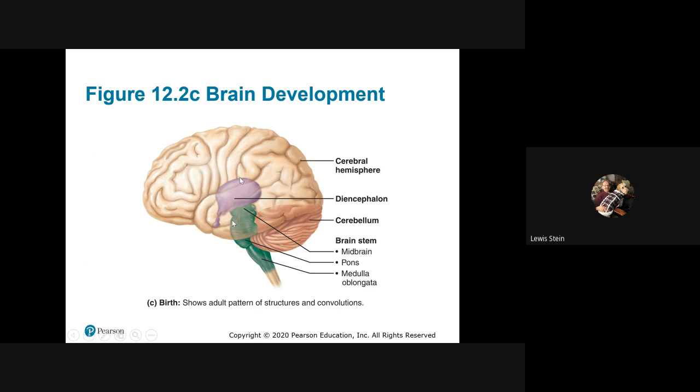80% of your brain is the cerebral lobes, including the cerebral cortices. And then maybe another 10% back here is the cerebellum, which sits behind the brainstem and is even covered to some extent by the cerebral lobes. And everything else, the diencephalon, the midbrain, the pons, the medulla, and this is the start of the spinal cord down there, is relatively small.